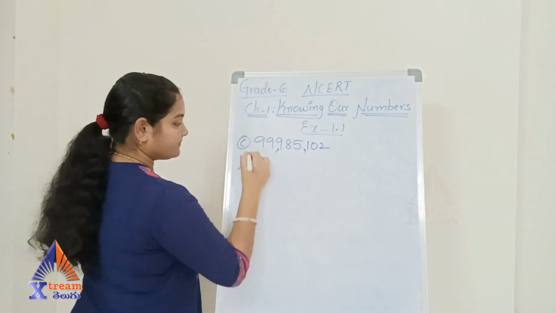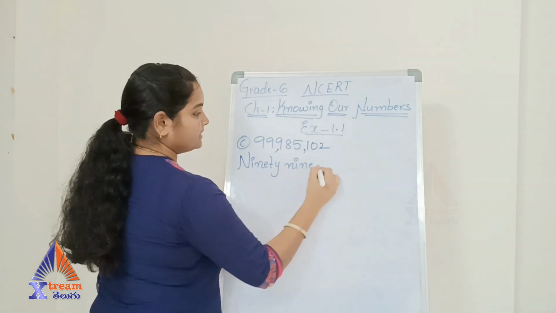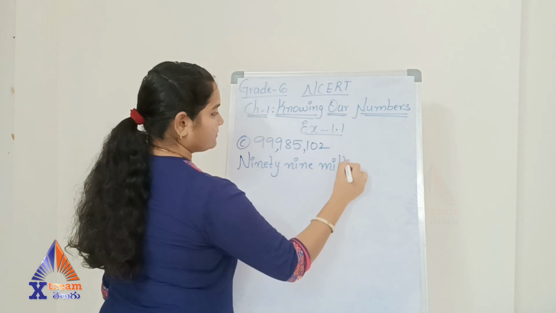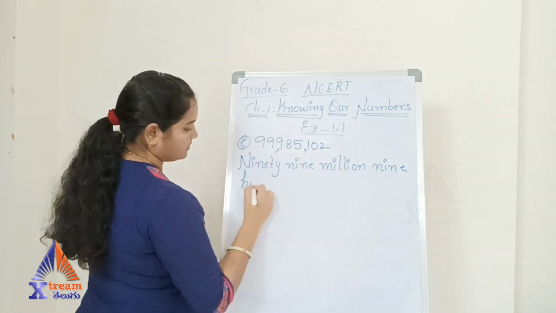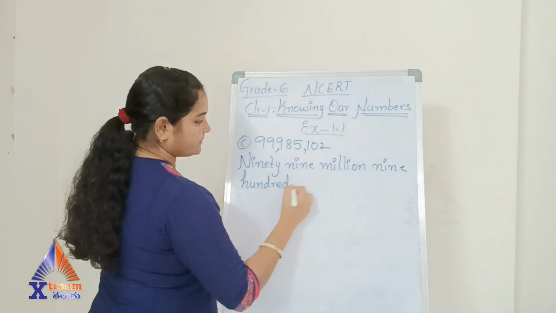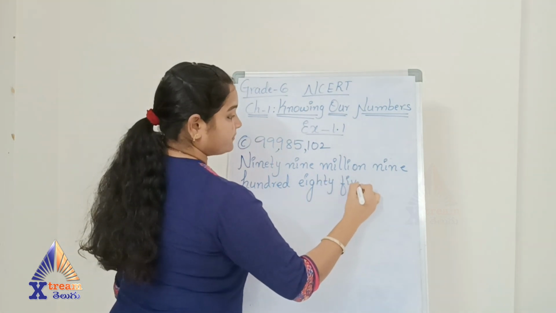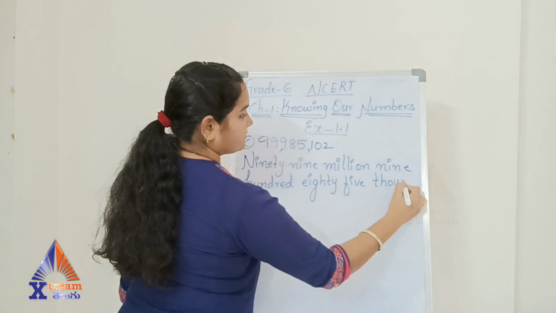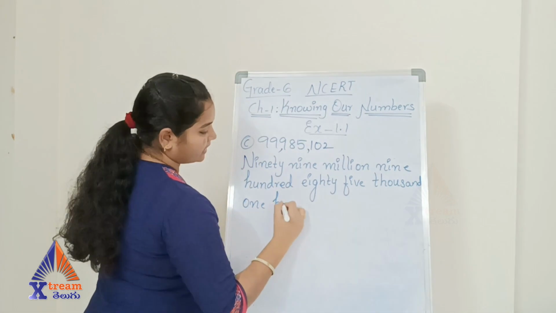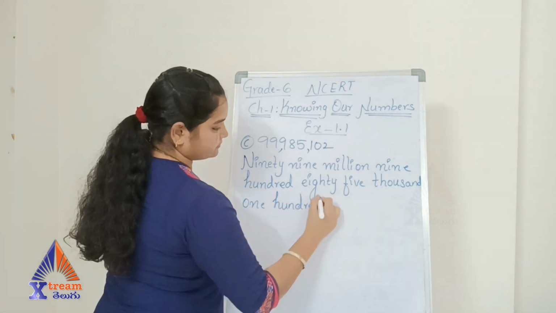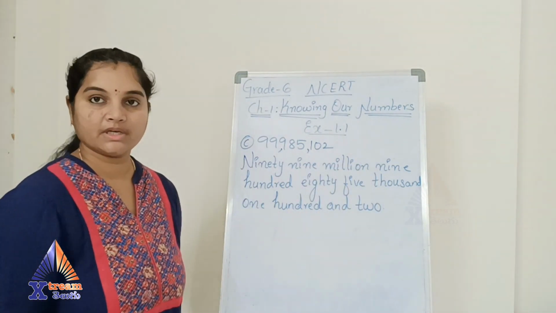So I have 99 million 900 85,000. Finally, 102. Such a big number name, right?